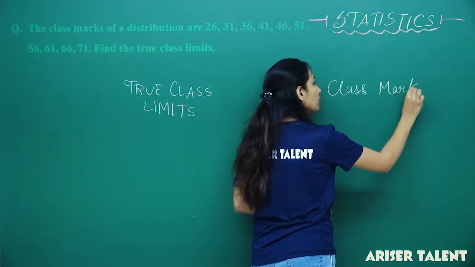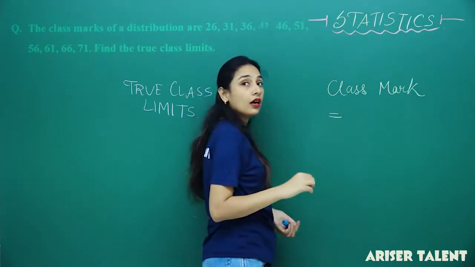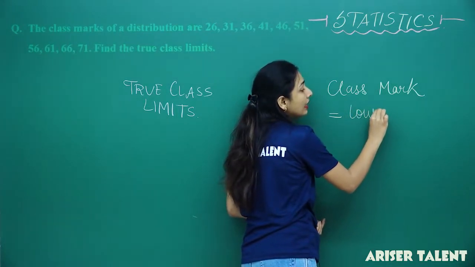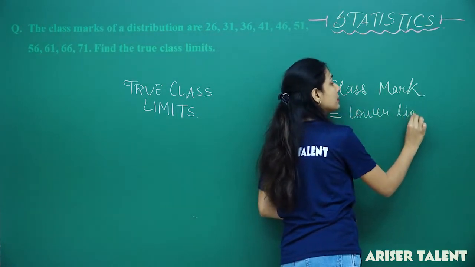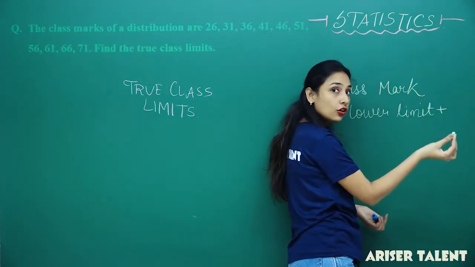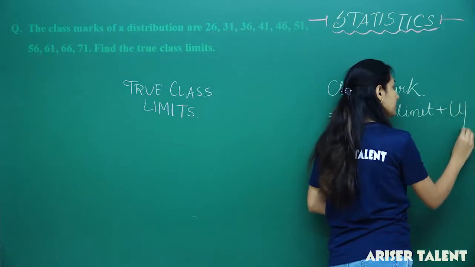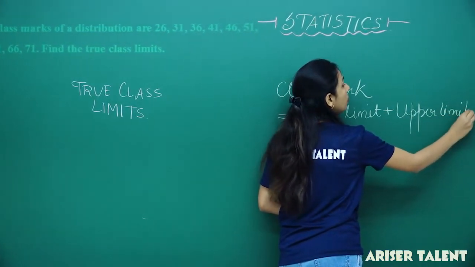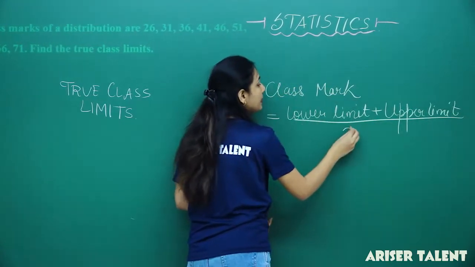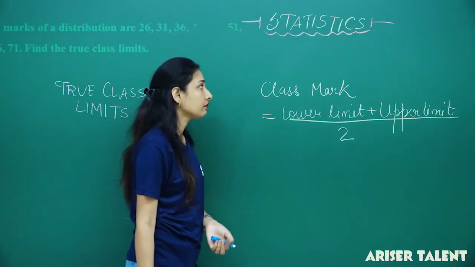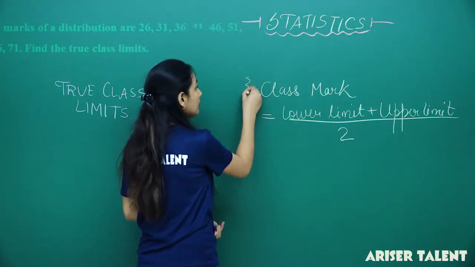You can remember it: lower limit plus upper limit, the whole divided by 2, that means the average of the limits. That was called the class mark.